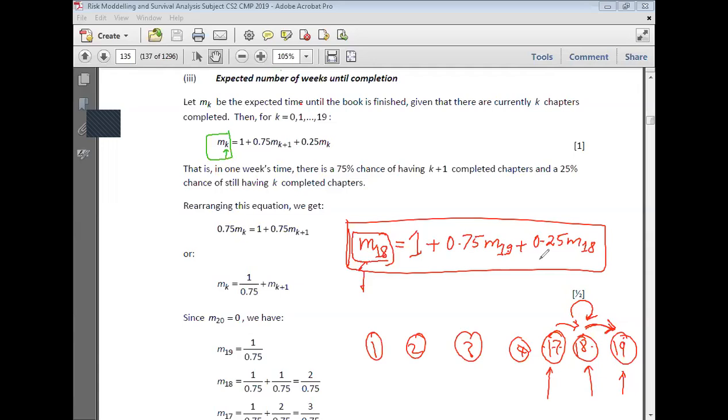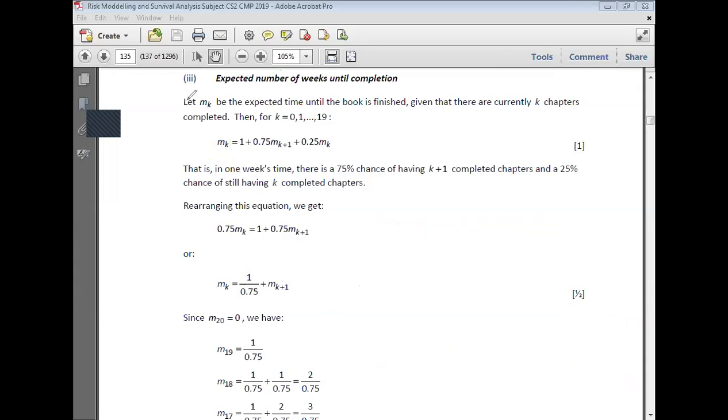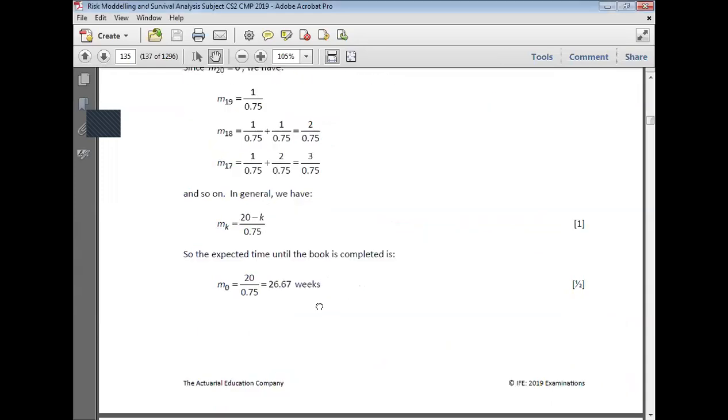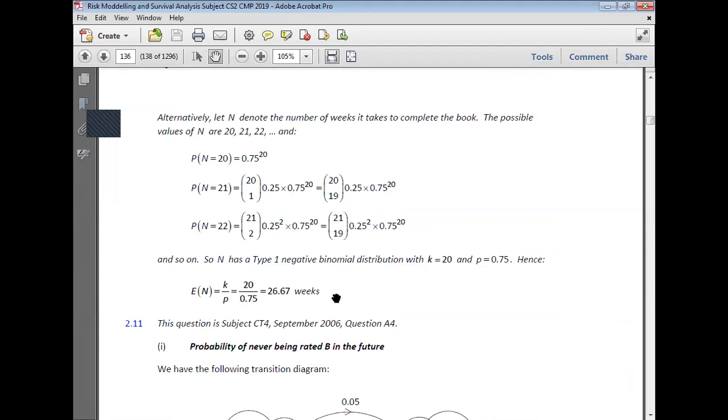Yes, ma'am. So I guess the only issue with this method is that you cannot really come up with this equation if you don't have this in front of you. So I would never suggest to use this method because this is very, very tricky. So forget about this method, and what you can do is just use this method.